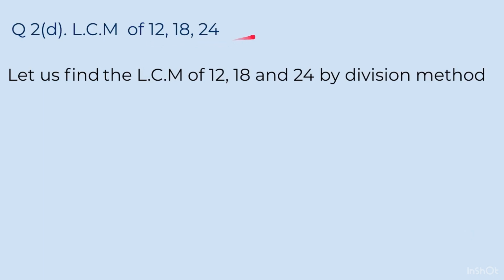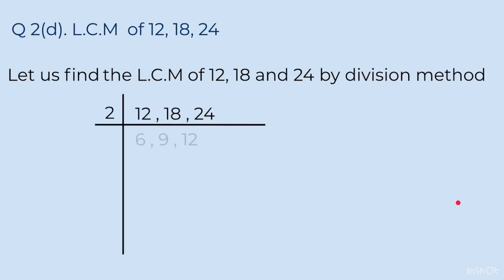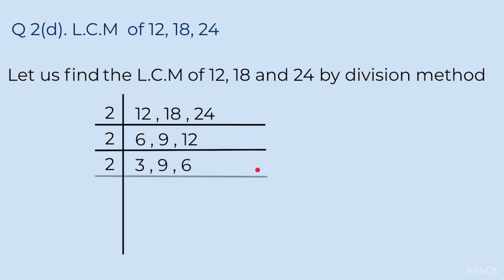LCM of 12, 18 and 24. We start dividing by 2. We get 6, 9 and 12. We again divide by 2. 6 divides and becomes 3. 9 does not divide by 2, so 9 stays 9. 12 becomes 6. We again divide by 2. 3 and 9 will not divide, so we just copy them. 6 becomes 3.